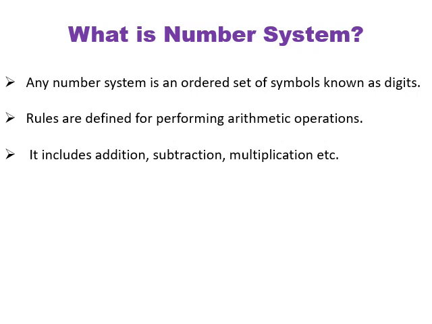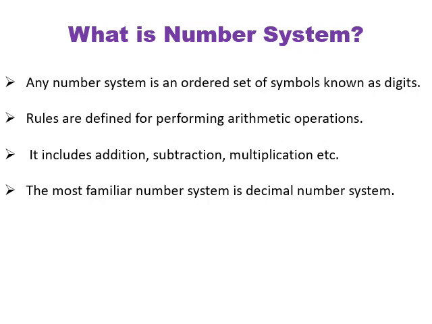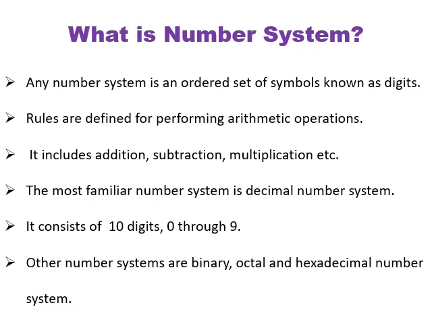The arithmetic operations include addition, subtraction, multiplication, division, etc. The most familiar number system is decimal number system. It consists of 10 digits 0 through 9. Other number systems are binary number system, octal number system, and hexadecimal number system.